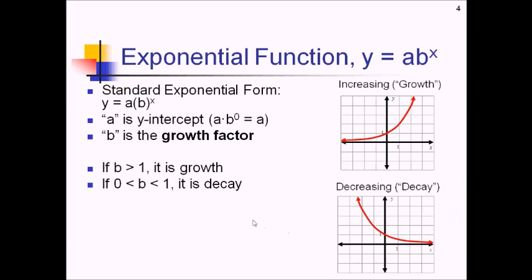Now some of you might be wondering, well, why didn't I just say b is less than 1 for decay? We don't want our b value to be negative. It turns out growth factors can never be negative. And if you think about it, there's very good reasons for this. You're supposed to be able to plug in any x value to this part right here. So that means you need a number that you can raise to any exponent.